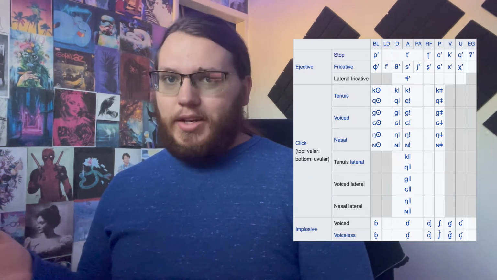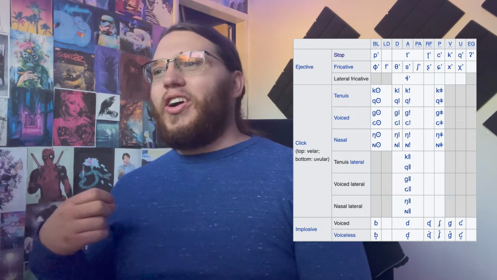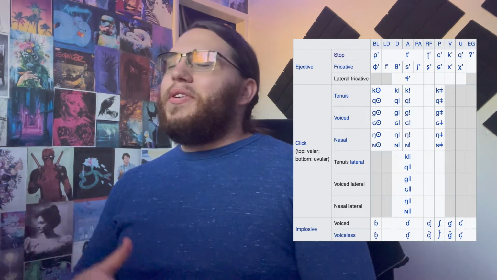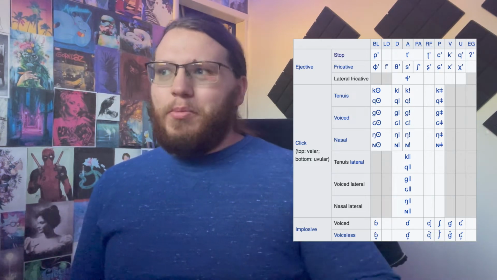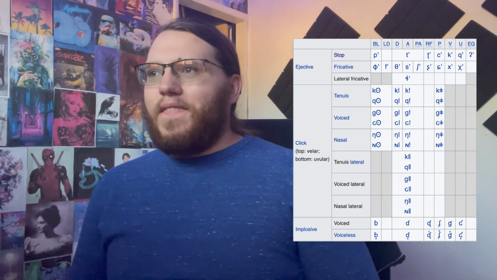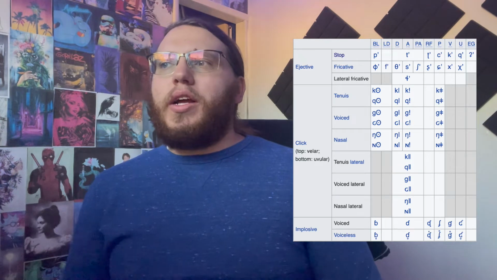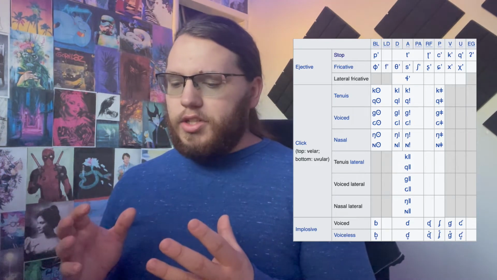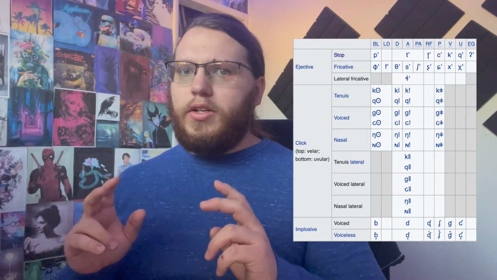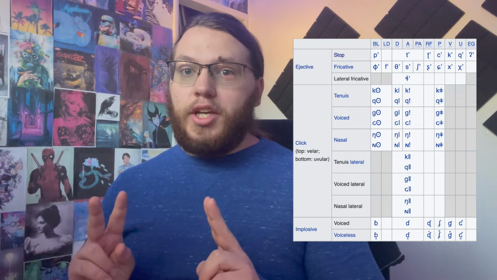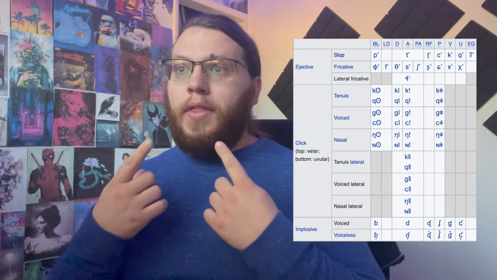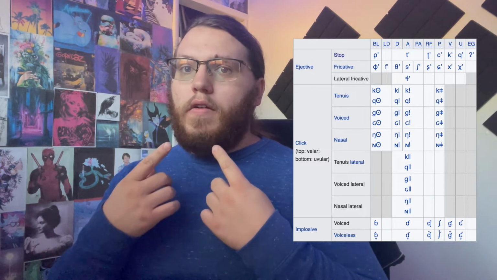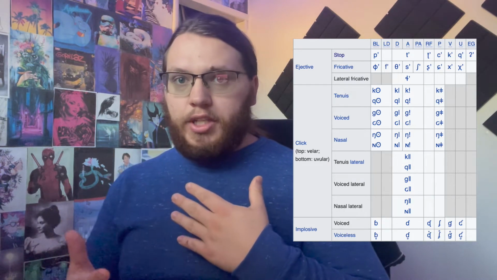Then we move on to clicks. Clicks are, every linguist who's from a non-click language, this is their favorite thing to talk about and explore. They just get fascinated with them. So what a click is, you're producing a closure at two places of articulation. You produce one with the back of the tongue at the velum, and then one forward of that with any other place of articulation.